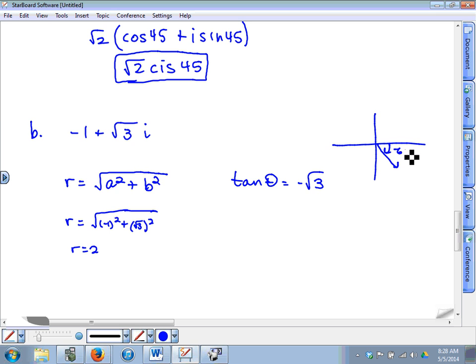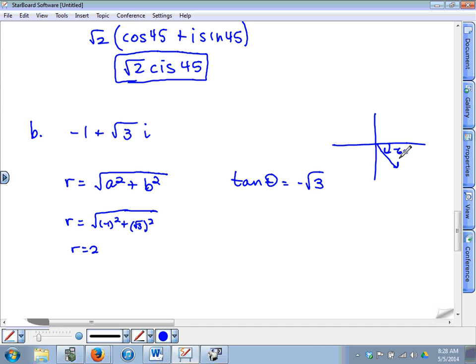That's right here. So we need to find a corresponding angle in the second quadrant that has that same reference angle. Did you understand what I just said? We need to find an angle in the second quadrant that has this angle as a reference angle. So it would be 120.